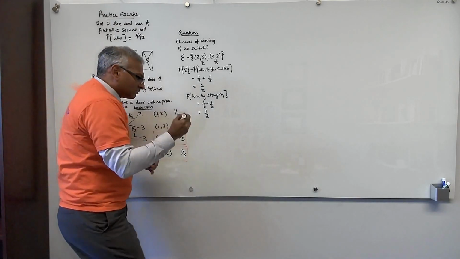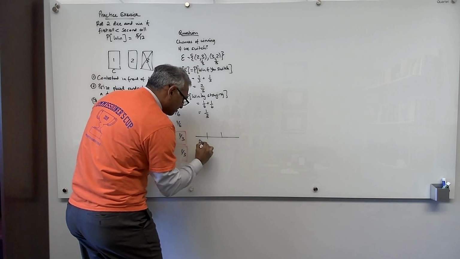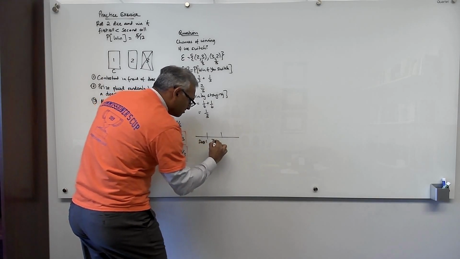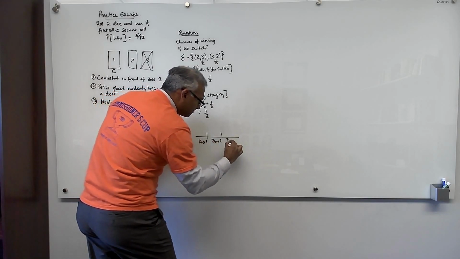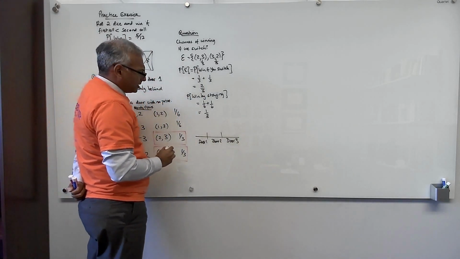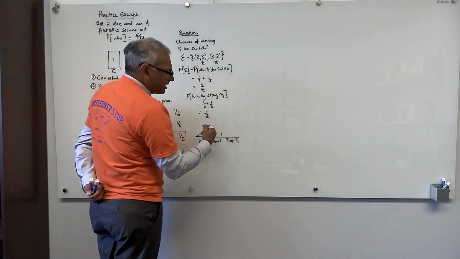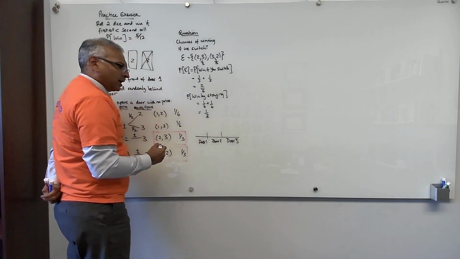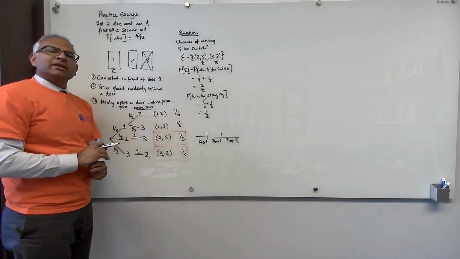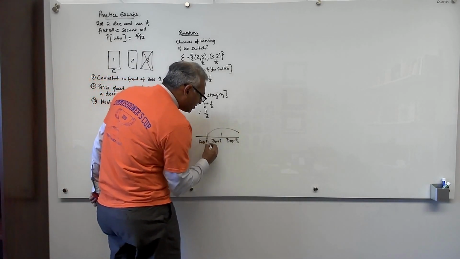And one way to view that is, you have 3 doors: door 1, door 2, door 3. The prize is equally likely to be behind each door. And the strategy of winning by switching wins whenever the prize is behind one of these doors.